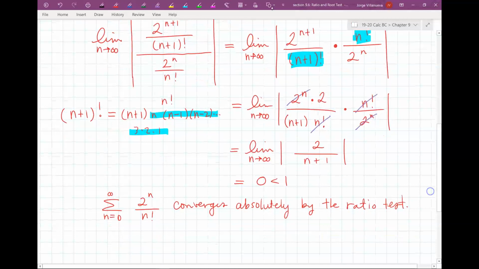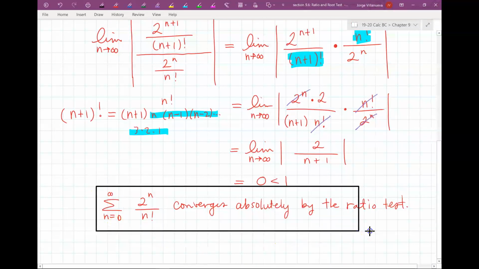So the ratio test is not really hard to do based on definition. The hard part with the ratio test is you're going to have to know how to break down your function so that you can cancel some stuff out. All right? And if you can't do that, then it's really hard to use the ratio test because the ratio test demands that you understand how to break down factorials.